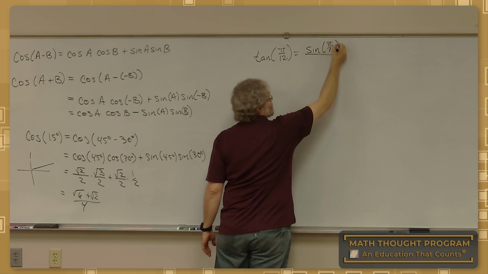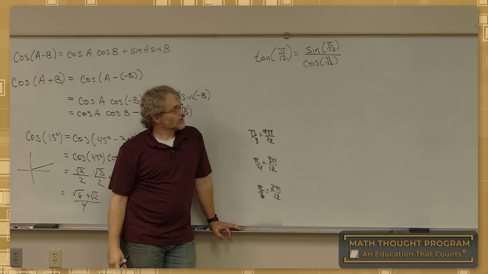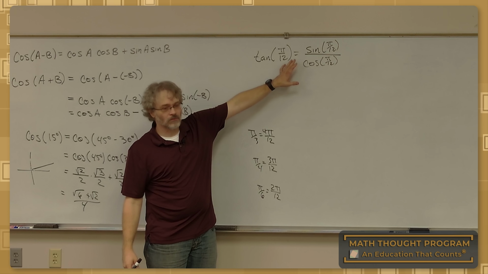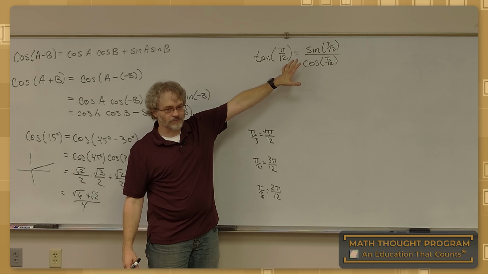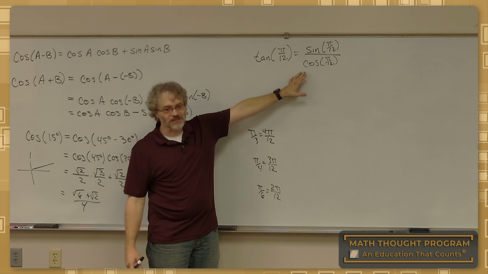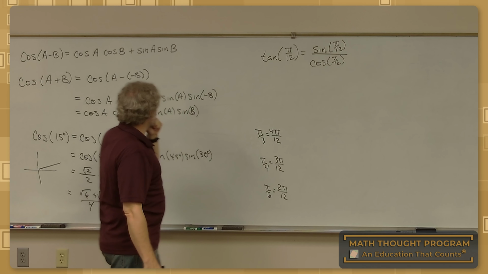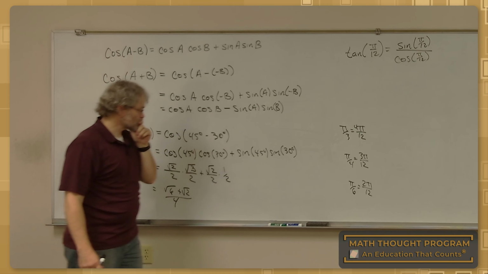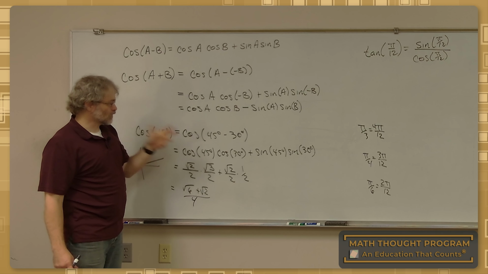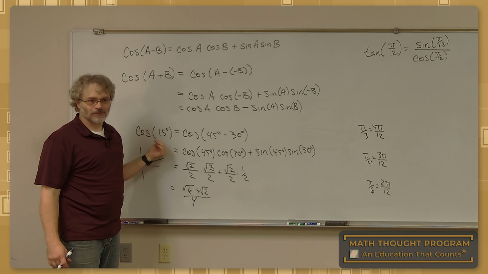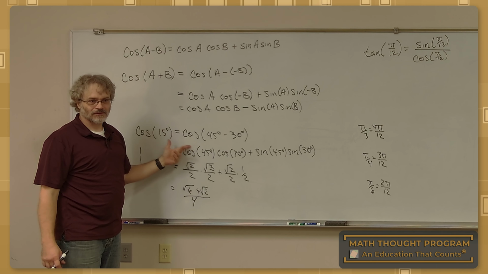Tangent is nothing more than sine over cosine. So what is sine pi over 12? And what's cosine pi over 12? Well, cosine pi over 12, we kind of did it earlier. It's right here.